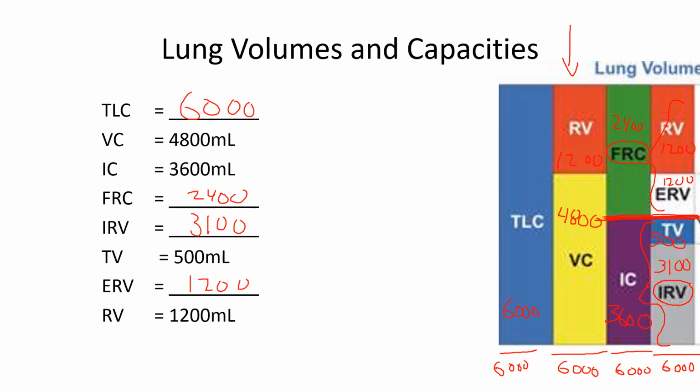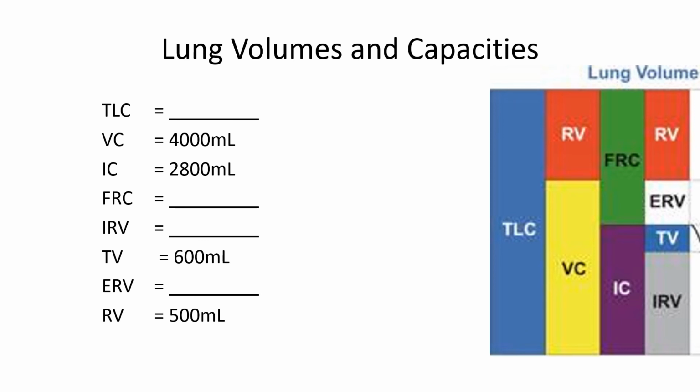All right, let's do the next few examples. All right, let's plug in our known values. VC is 4,000. IC is 2,800. Tidal volume is 600. And our reserve volumes are 500. Do I have a value of one of the columns?